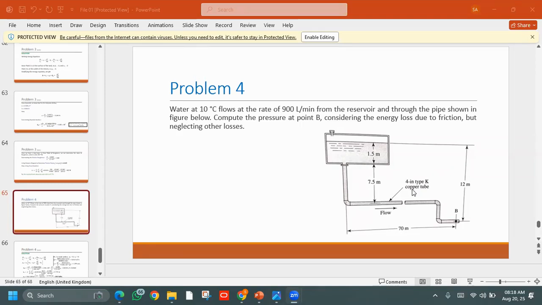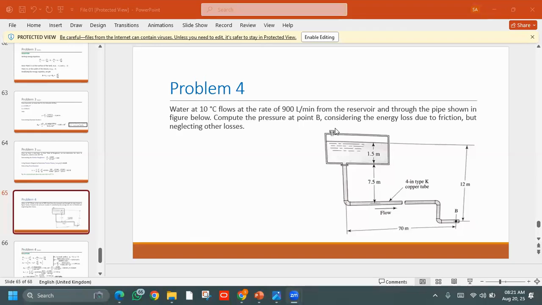The diameter of the pipe is 4-inch, and the length of the pipe is 70 feet straight, and then we have some vertical parts of the pipe as well. The elevation difference between point A, which lies over here, and point B, which lies at the bottom of the pipe, is about 12 meters. So that's all about the question. Let's move towards the answer.